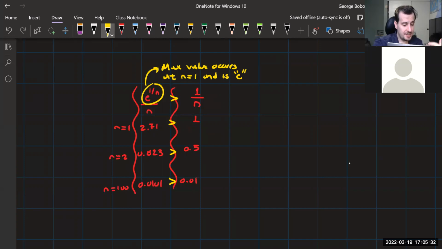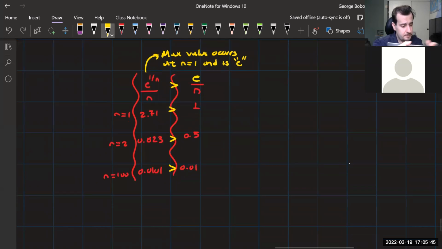So if I want to guess a series that is larger than the original, I can use that maximum, that constant e in here. When n is equal to 1, they are exactly equal. But when n is equal to 2, we get e divided by 2, that's 1.359. Look what's happening here.